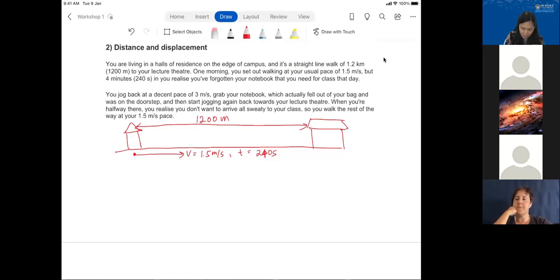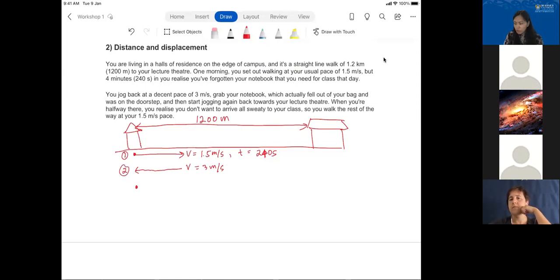Okay, so let's say that's the first segment of your journey. And so you jog back at a faster pace of 3 meters per second. Okay, it's not given how long you jogged for. It was just given that you jogged at the rate of 3 meters per second, going back to your halls of residence. And then you found your notebook. So that's the second segment.